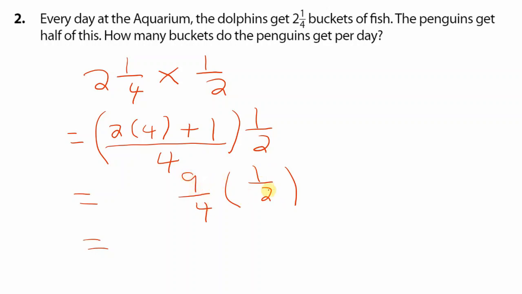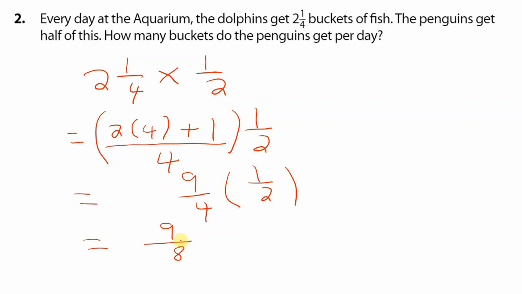I don't see anything that can go into 4 and into 9 without remainder. So we can't cancel. So multiply tops, 9 times 1 is 9. Multiply bottoms, 4 times 2 is 8. Are we done? Is it in simplest form?